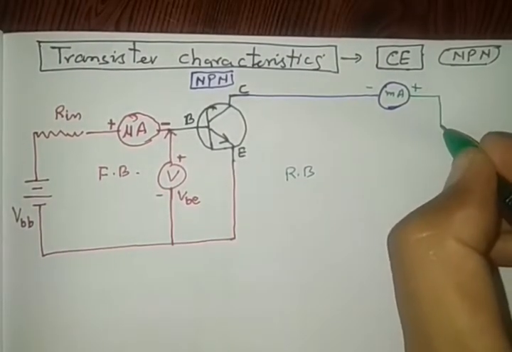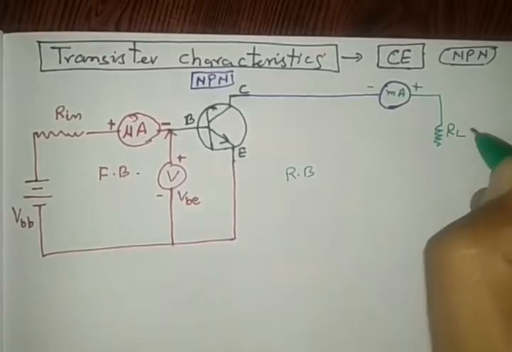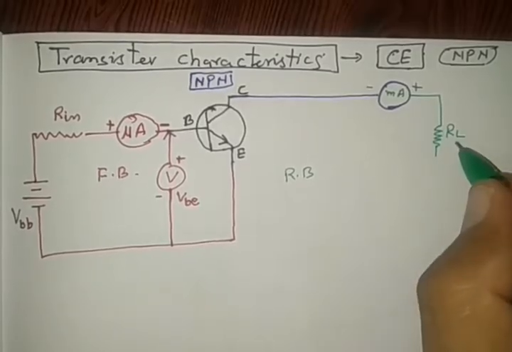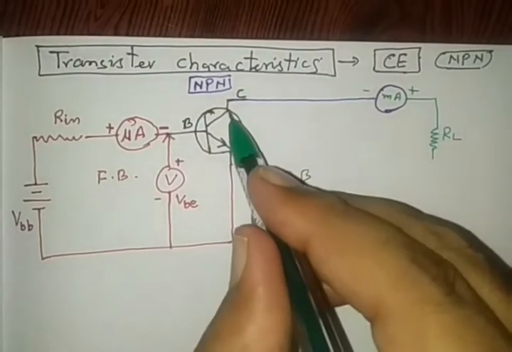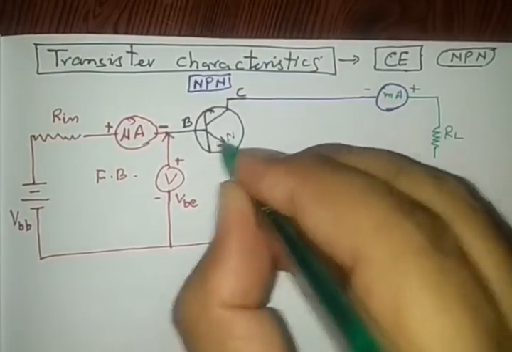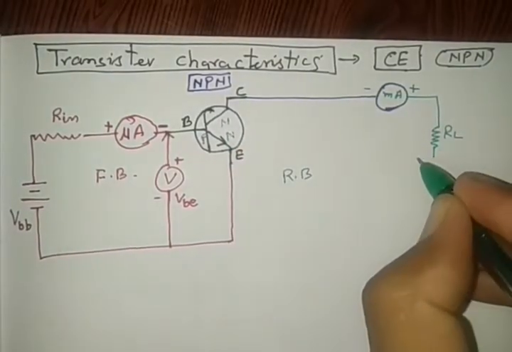Thereafter, the load resistance is represented. Thereafter, the cell. The cell is connected in reverse bias. This is N-type, NPN. So negative is connected with positive.